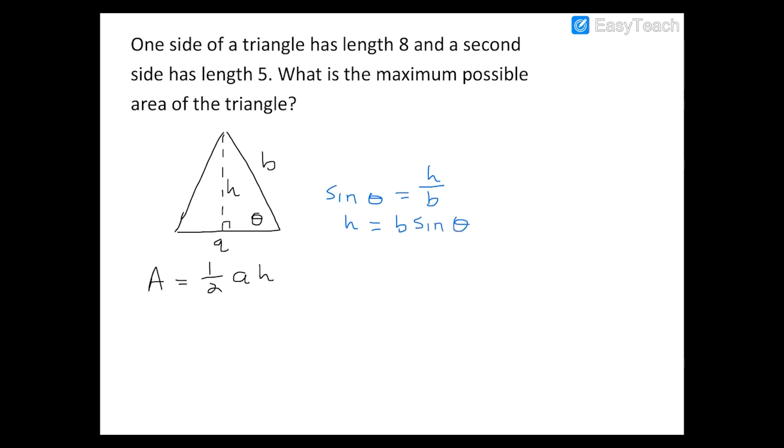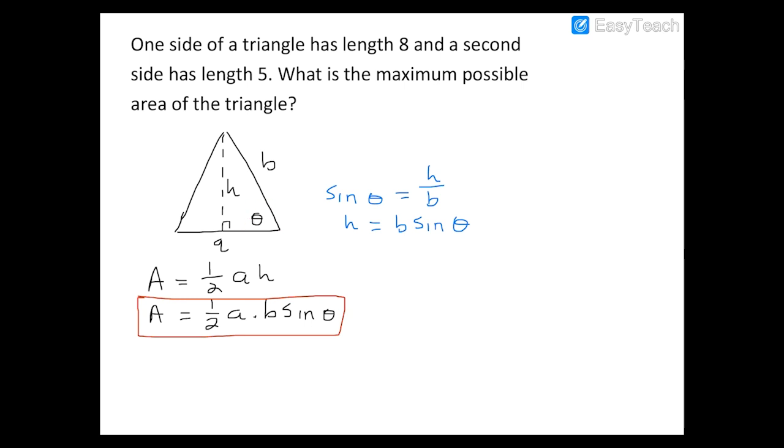Now we can replace H in this formula here, and we would have the area is equal to half A multiplied by B sine theta. And this here is what we call the area rule, which works when calculating the area of a triangle and you're given two adjacent sides with the angle between them.